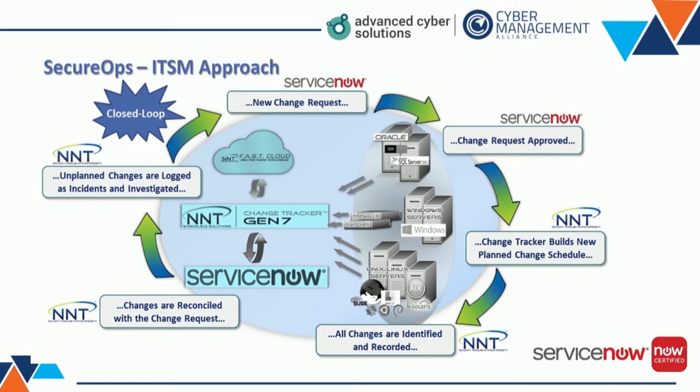What we will do as a closed loop system, just to summarize it, everybody can read through it on the screen, is when that change takes place, NNT can look into ServiceNow, see that that's something that is planned, and check that it's been executed according to the plan, reduce that change noise by not reporting it as an unexpected change, unless of course it is, and then mark that ticket as closed afterwards, only highlighting areas that the analysts will need to look into. So it's about that closed loop.